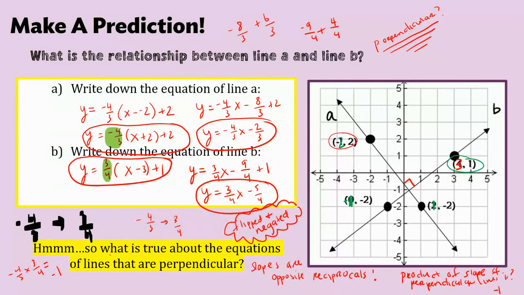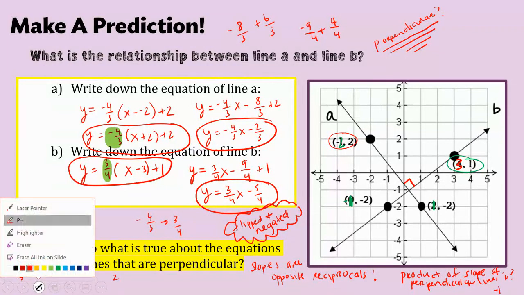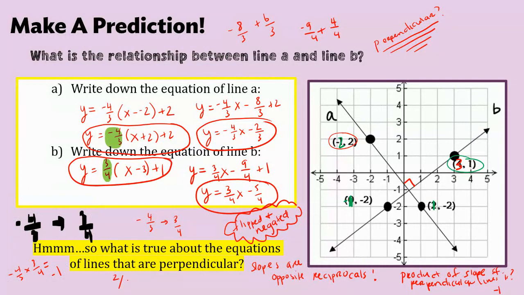So if I gave you a line that had a slope of 2/3, its opposite reciprocal is negative 3/2, right? When I multiply those together, I get negative 1.